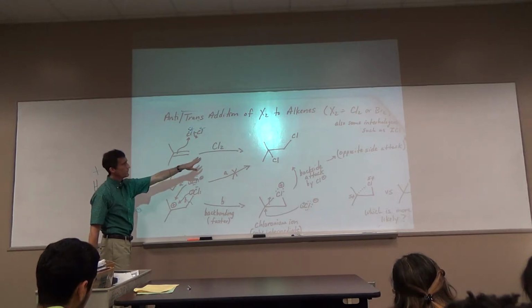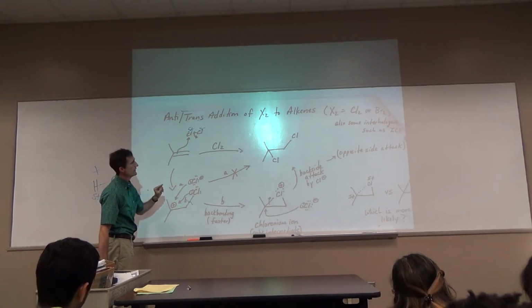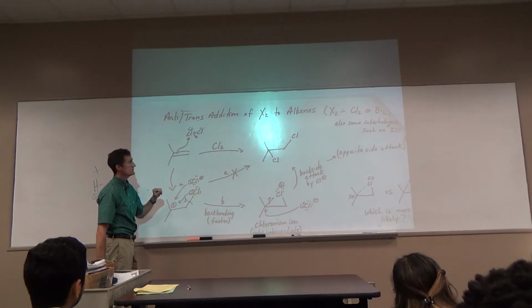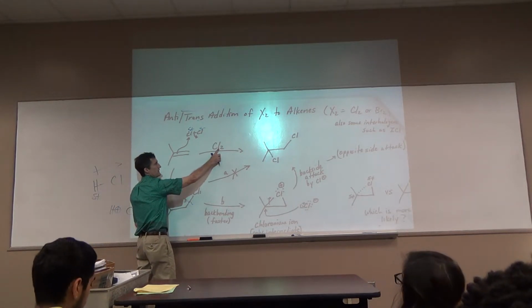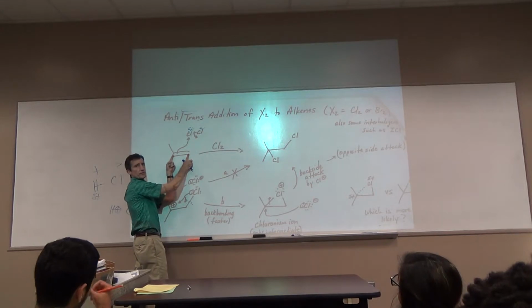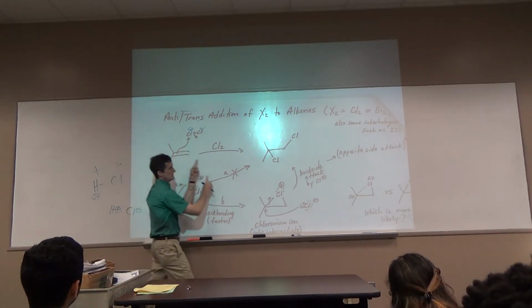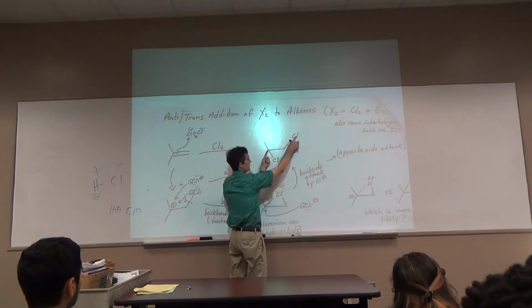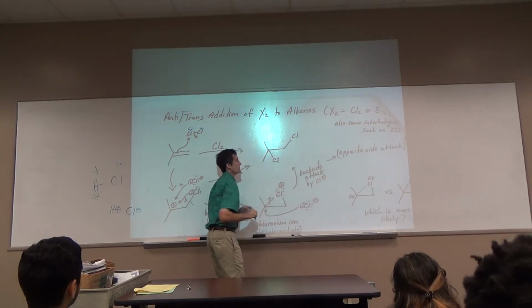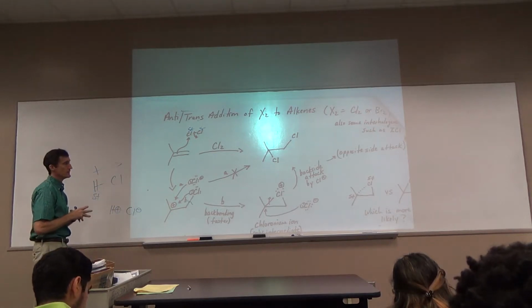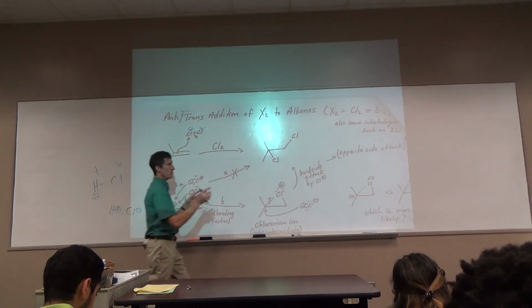First off, let's point out what we get from this reaction. In terms of what we get, it's one of the simplest reactions in organic chemistry. You end up with one halogen on each carbon of your alkene. One chlorine here, one chlorine here. So we say that we're adding the halogen across the pi bond. Do you have to worry about where the chlorine goes?